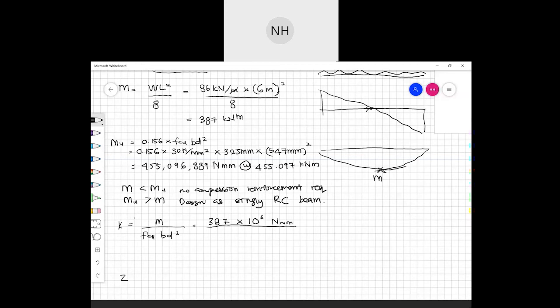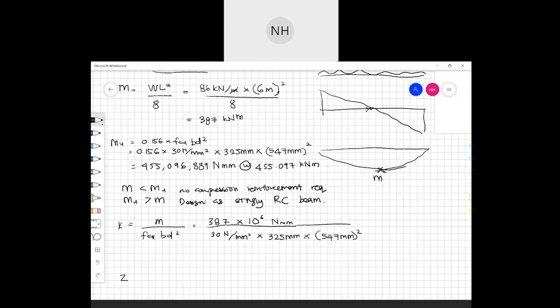FCU is 30 Newton per mm squared, so you can see mm matches mm. It cannot be mm and meter. Multiply by B, our B is in millimeter too, which is 325, and D we also know is 547, to the power of 2.